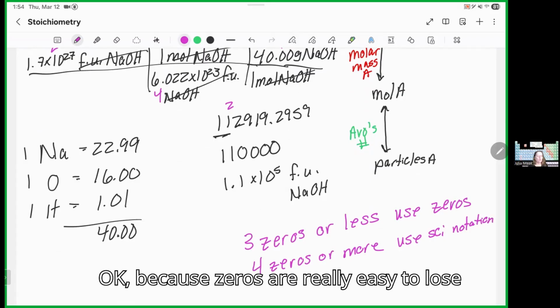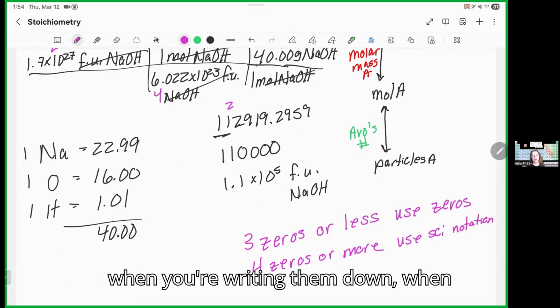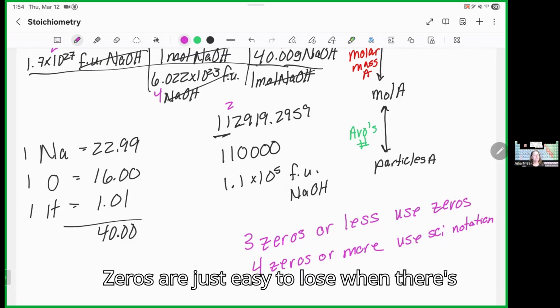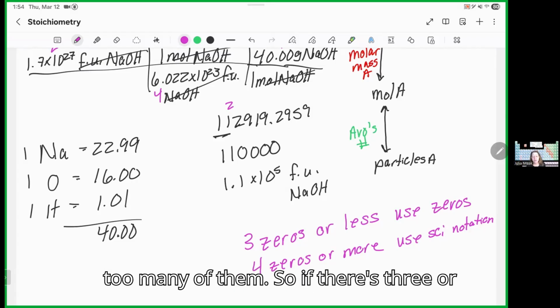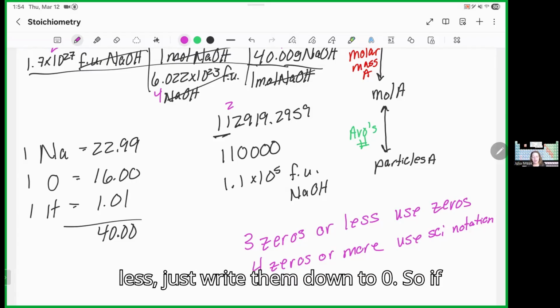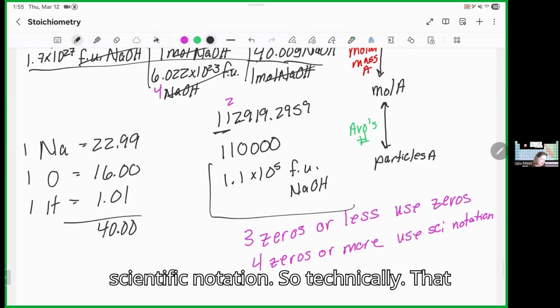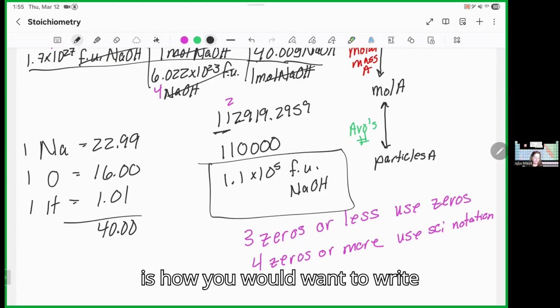Because zeros are really easy to lose when you're writing them down, when you're putting them in your calculator. Zeros are just easy to lose when there's too many of them. So if there's 3 or less, just write them down as zeros. If there's 4 or more, put it into scientific notation. So technically that is how you would want to write that answer.